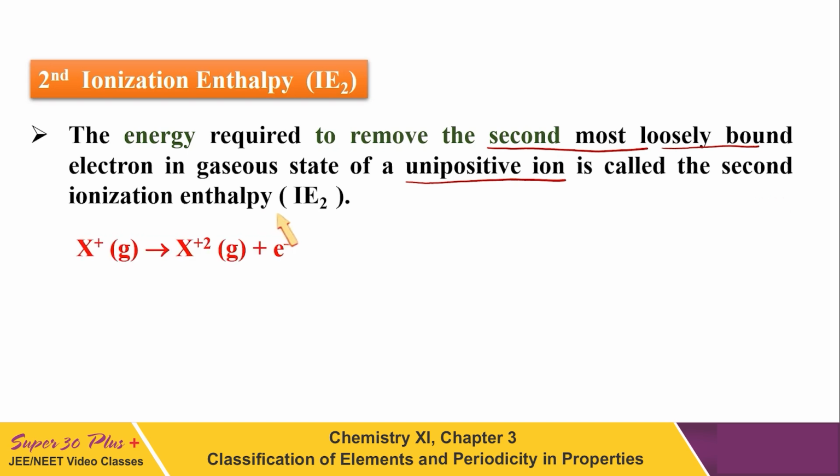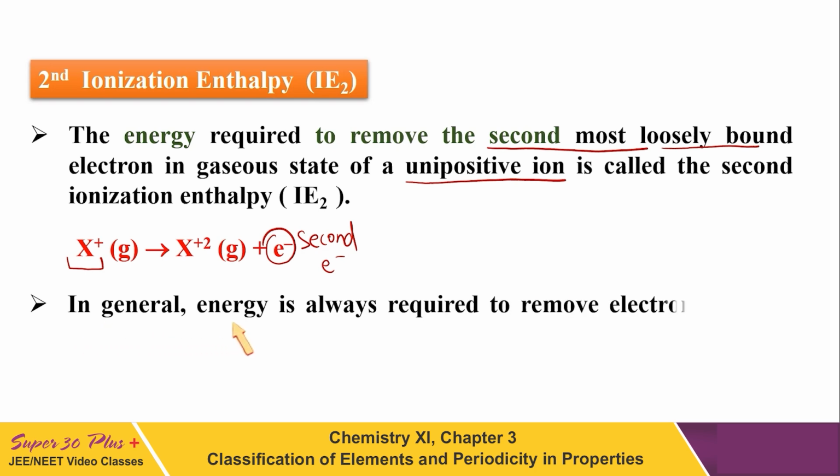Now you see in this example, this species is not neutral anymore because 1 electron has already been removed, and now we are about to remove the second electron. This is the second electron being removed from the species X. Whatever energy is required to remove the second electron is called ionization enthalpy.